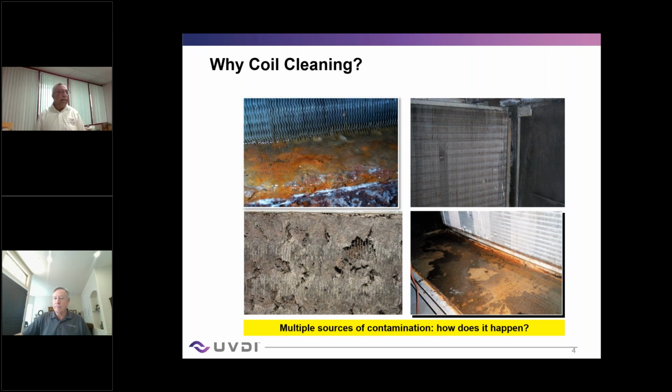So there are several conditions which can result in bacteria, mold, and fungi growing on a coil in the form of biofilms, not just on the surface of the coil, but also, depending on the depth of the coil, penetrating into the fins and growing throughout the depth of the coil.